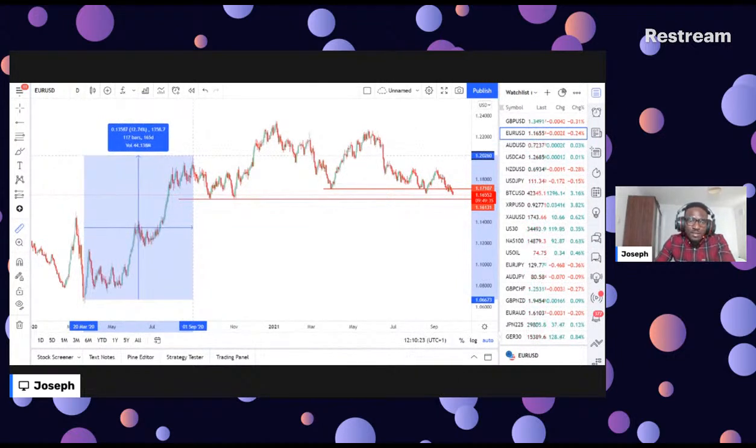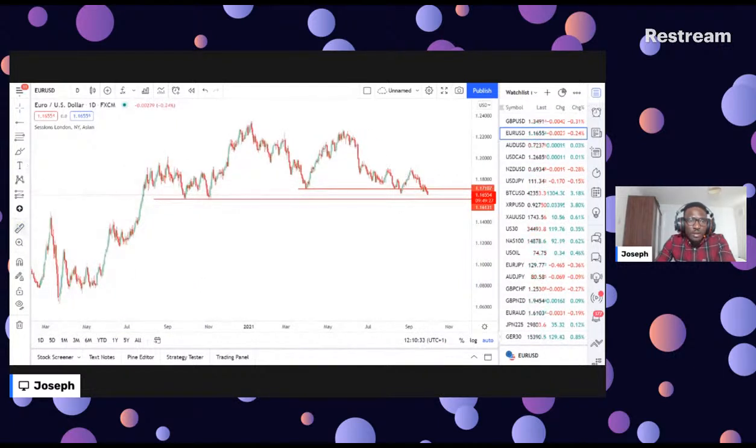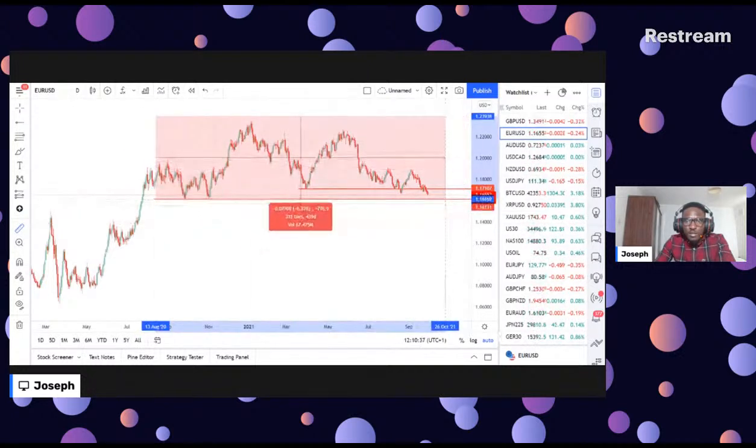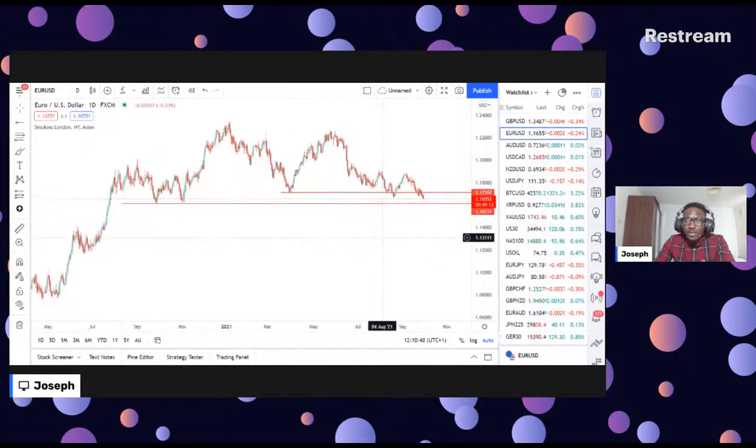That lasted 165 days, which is almost half a year. And if you look at this corrective pattern, it's a lot shorter in pips, just 765 pips, but it's lasting for more than a year, 439 days. So corrective patterns do last a lot longer than the impulsive moves.